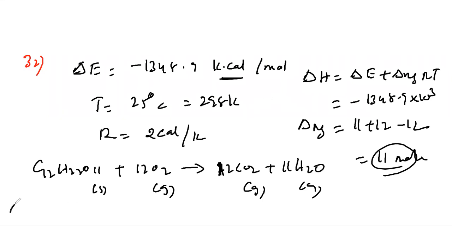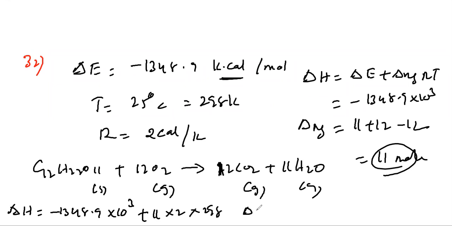So delta H is equals to minus 1348.9 into 10 power 3 plus 11 into 2 into 298. So delta H is equals to minus 1342.34 kilocalories. Option number 3.